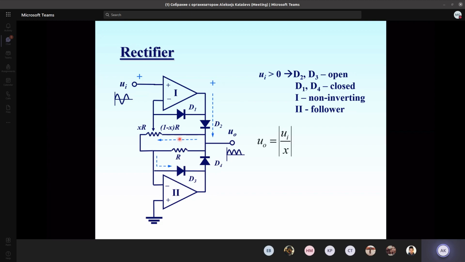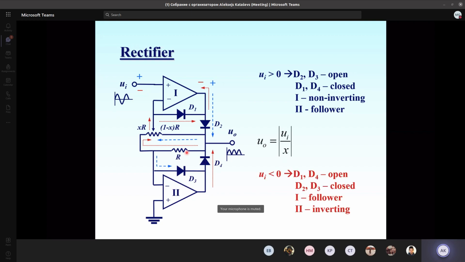Now if I have a negative voltage on the input, then diode D3 is closed, diode D4 is open, diode D2 will be closed too, and D1 will be forward biased.